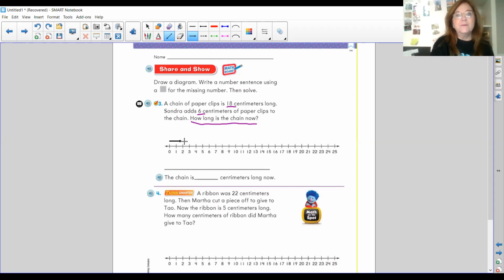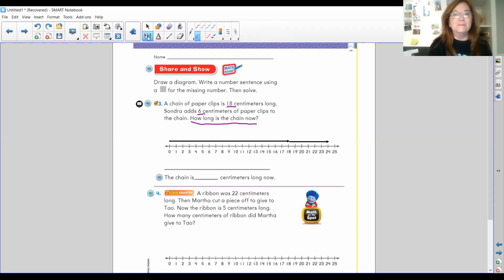So we start out with 18, and it goes about right there. And then we want to add 6 more. 1, 2, 3, 4, 5, 6. We end on 24. I think we did a problem like that on the last page, except it was subtraction.